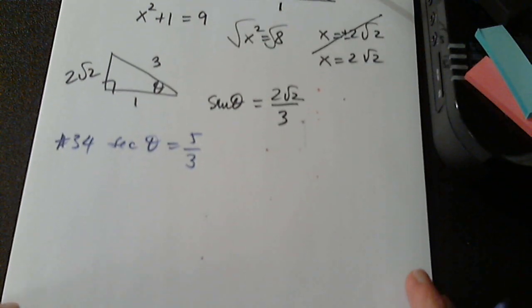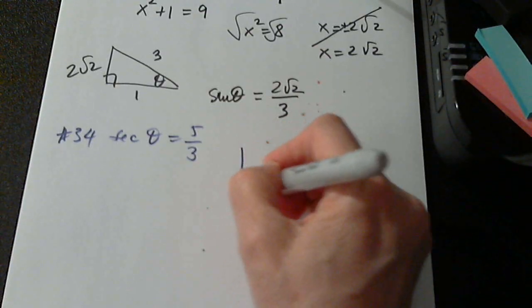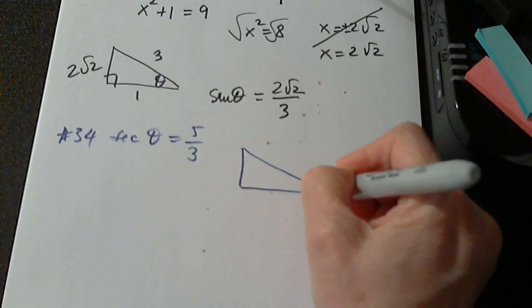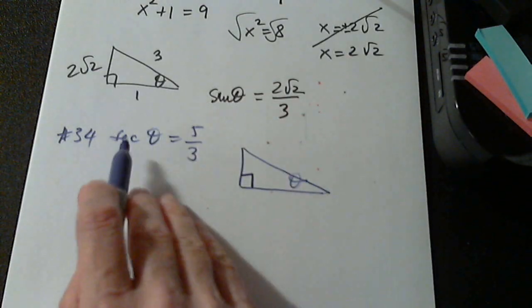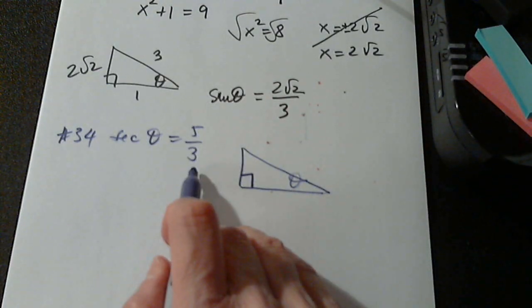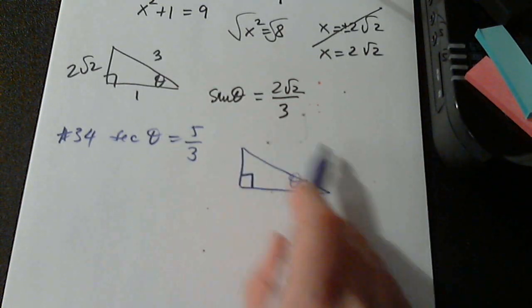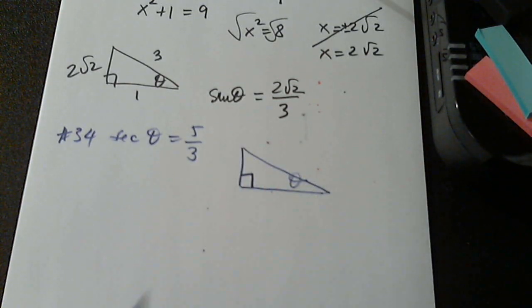Okay. There exists a right triangle with an acute angle theta, whose secant is 5/3. What will you denote by 5? What will you denote by 3?